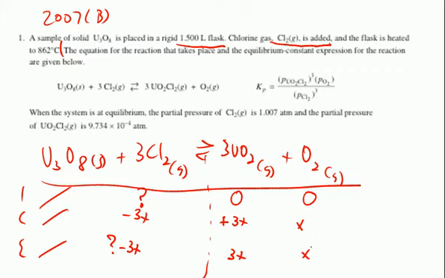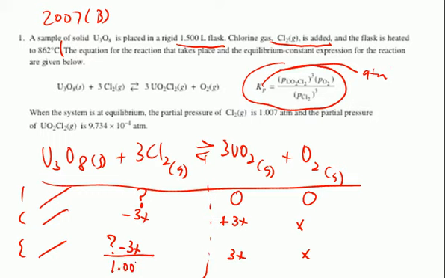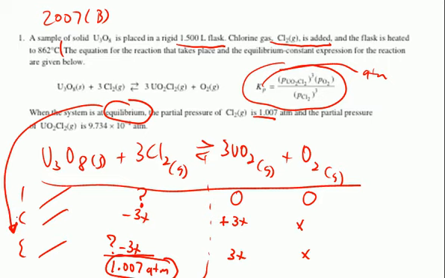Moving on. It gives us the Kp expression, and because it's Kp, we're looking for atmospheres. When the system is at equilibrium, the partial pressure of Cl2 is 1.007. That's great, and we know it's there because they said at equilibrium.